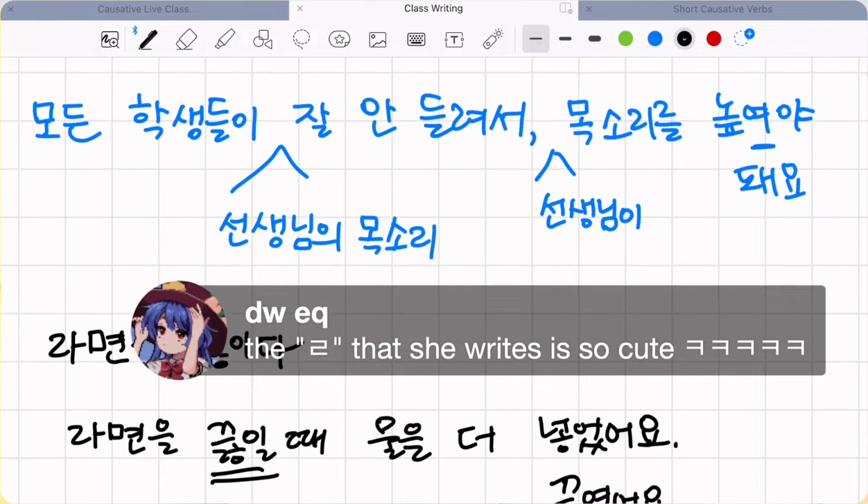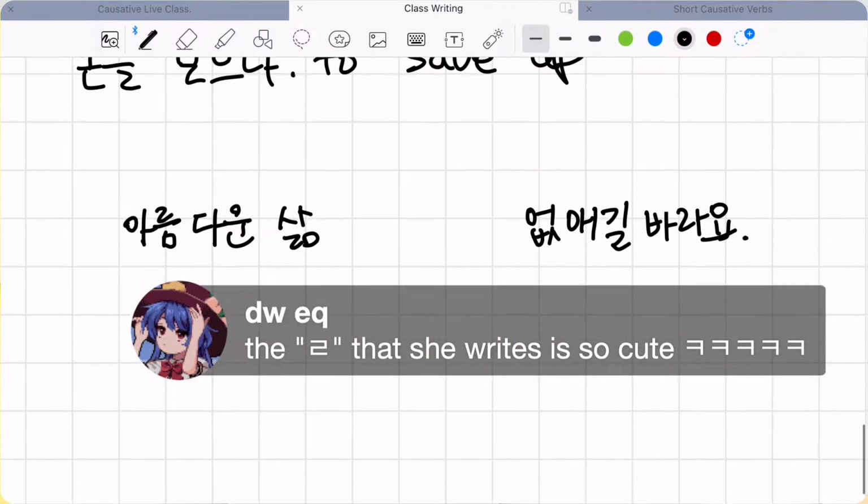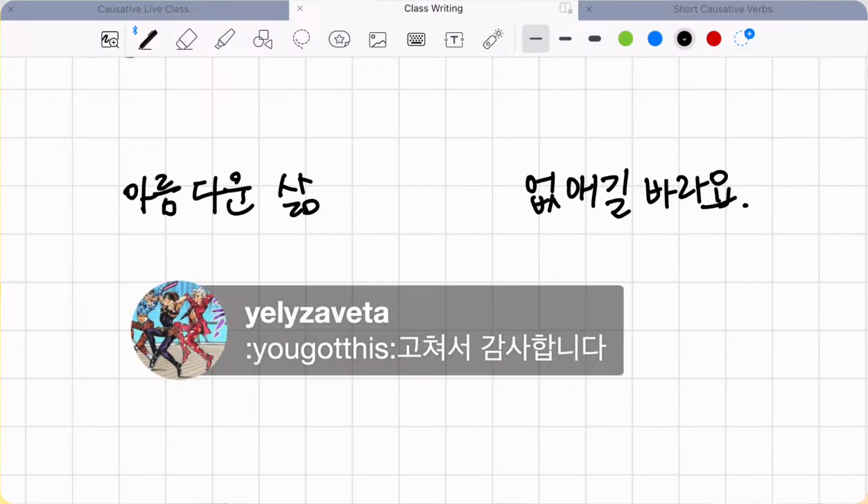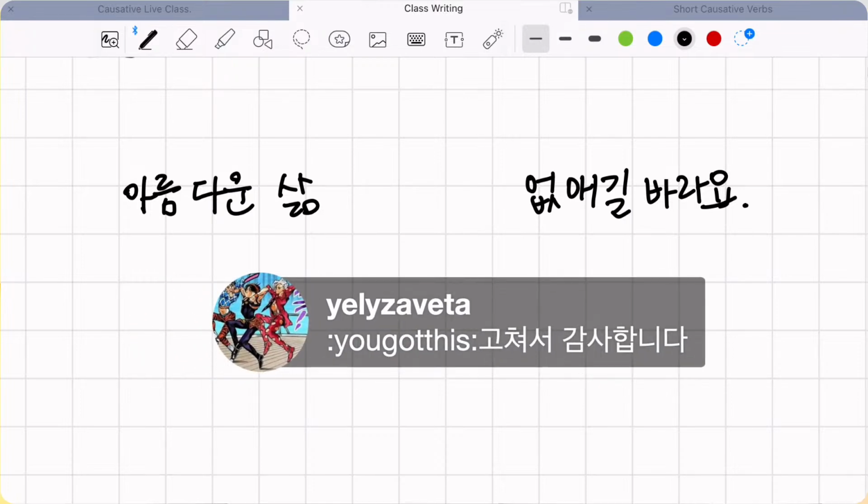It's actually terrible handwriting. 그다음에 옐리님, 감사합니다. Thank you for sharing many good sentences, 옐리님, with many verbs.